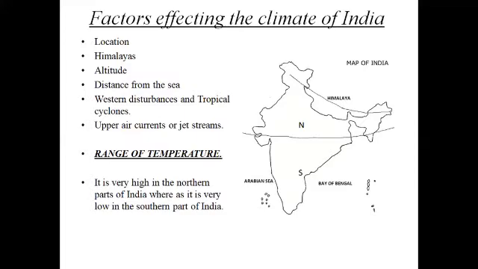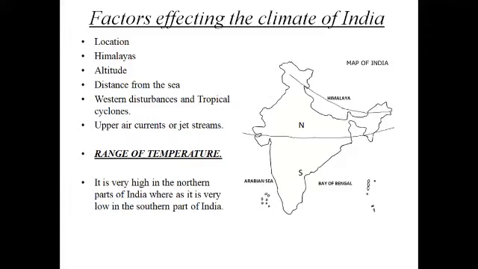In the northern region we get rainfall only from the monsoonal winds, and the remaining parts of the year remain dry. Another very important one is the range of temperature. In the northern part of India, where we have continental type of climate, the range of temperature is very high.